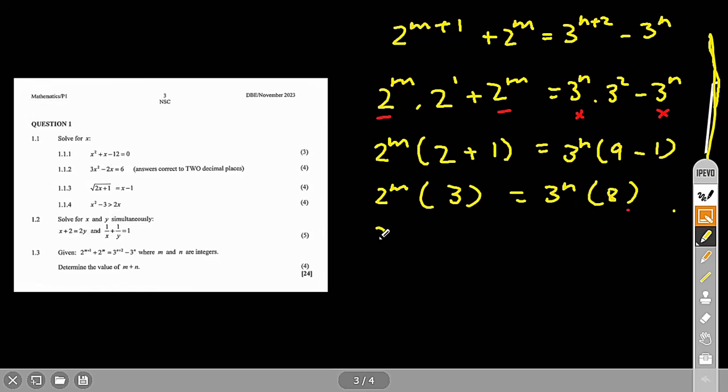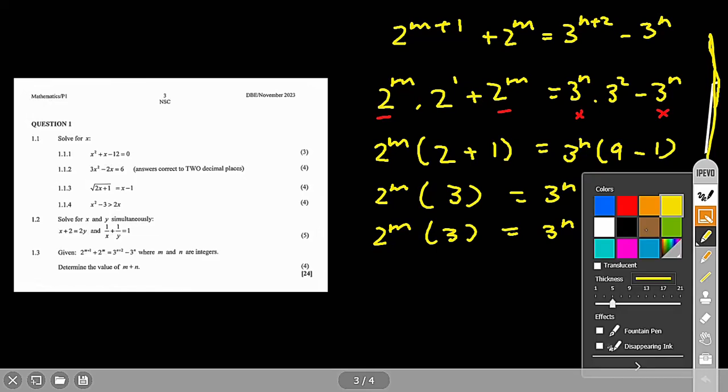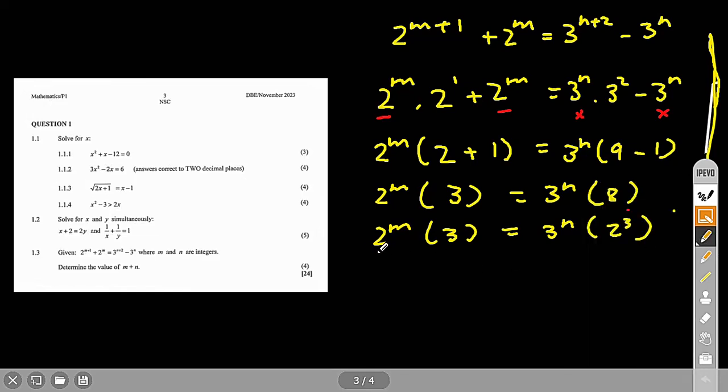But now 8, they can change it in exponent form in terms of 2. So it will be 2m, but 3 is equals to 3n. So 2 raised to 3. Now look at this, there's 2 here, there's 2 here, there's 3 here, there's 3 here.